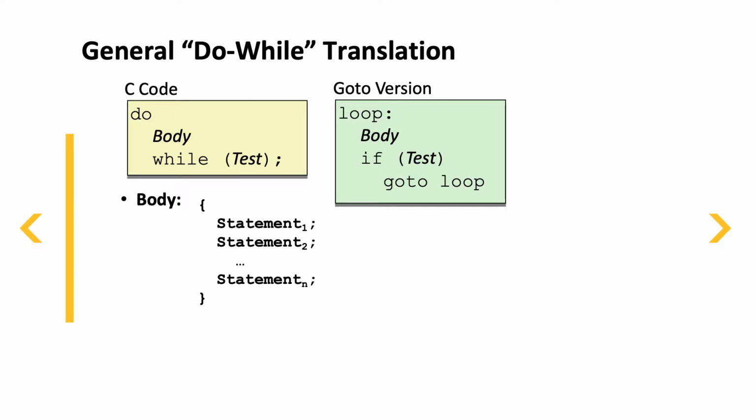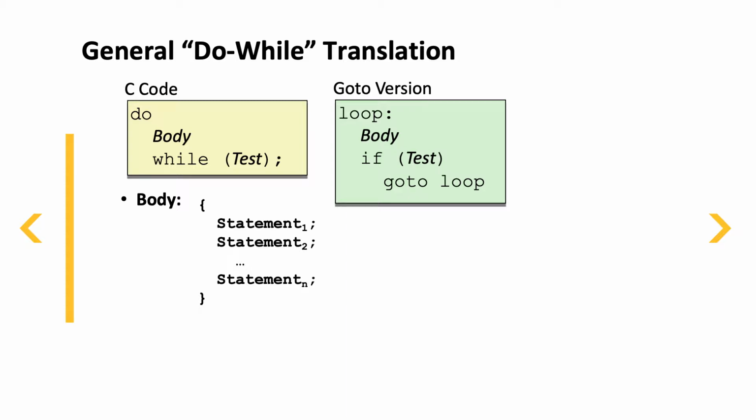So in general terms, when we're looking at a do while, we can translate that to a Goto version by basically following this very simple little method here. In C code, we've got do, and then we've got the body, which is just our statements, right? That's just a bunch of, like, what are we doing within this loop? And then we have the keyword while, and then we have the test, right?